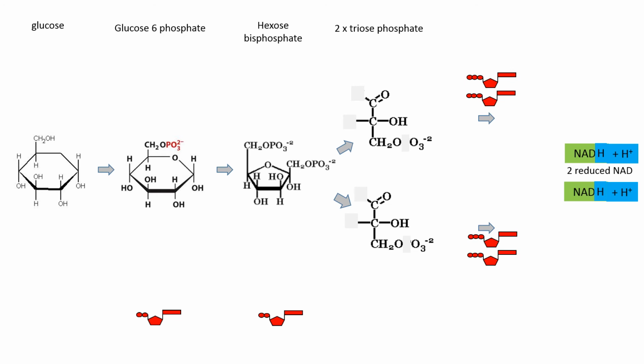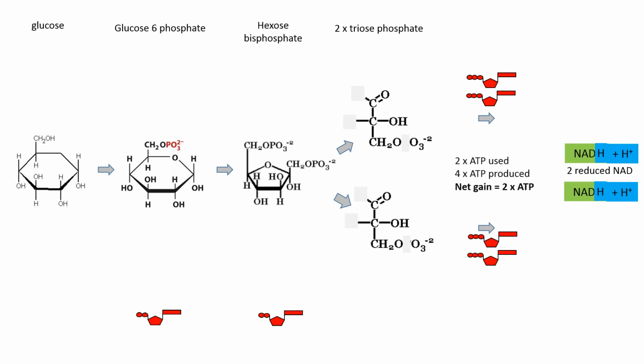So let's recall what's happened so far. At the start of this pathway, we used up 2 ATPs to make glucose 6-phosphate and hexose bisphosphate. We're 2 ATPs short. We're trying to make ATP, but we're 2 down already. But from triose phosphate, we've just generated 4 ATPs. So that gives us a net gain now of 2 ATPs.